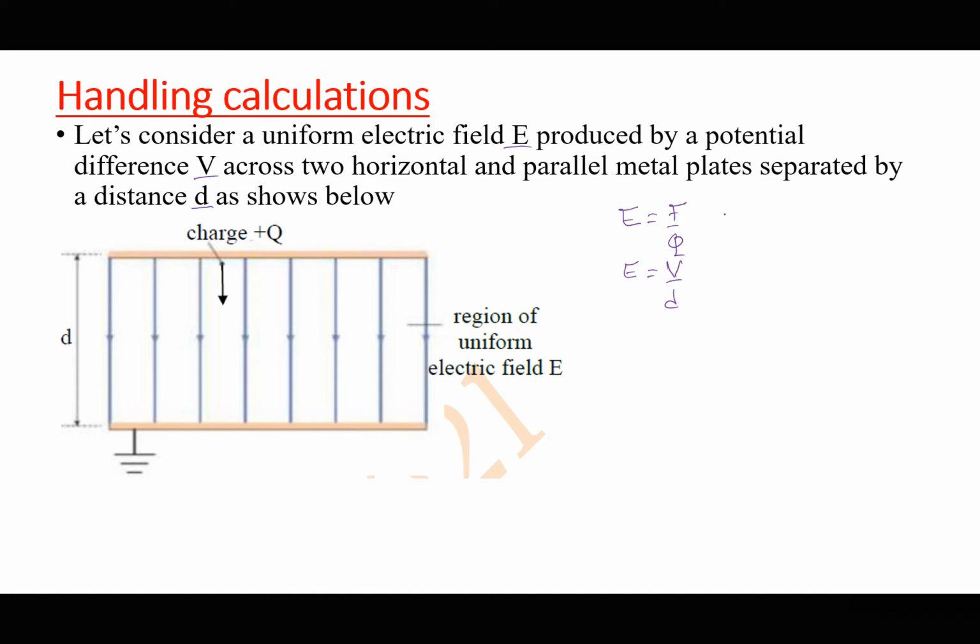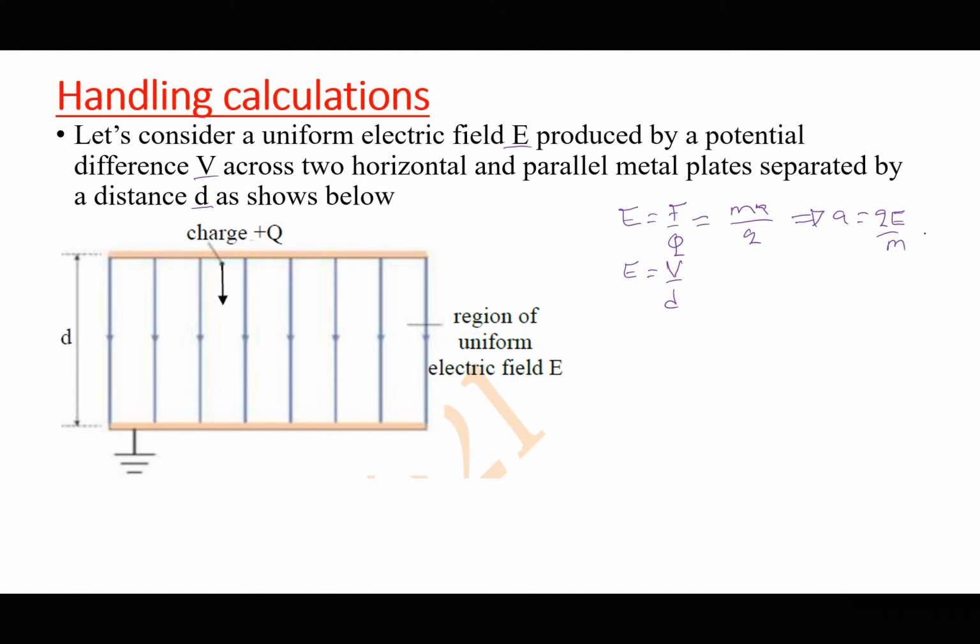For example, if I want acceleration, then ma equals the charge times E, which implies that the acceleration can be given as q times E over m.